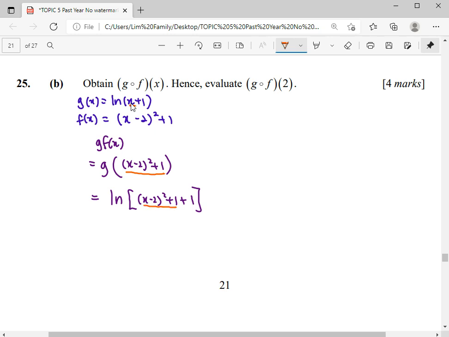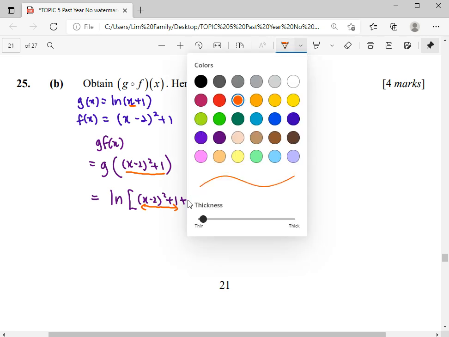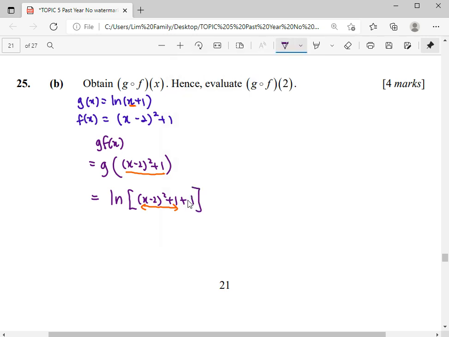So it will give us the result, plus 1. This is the x part. Substitute this into the x part. So this is my result. Alright, so then we simplify. It will become ln((x minus 2) squared plus 2). So we have to put our bracket. Why? Because this bracket means that log bring this thing.